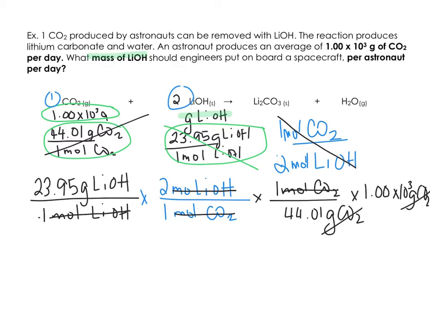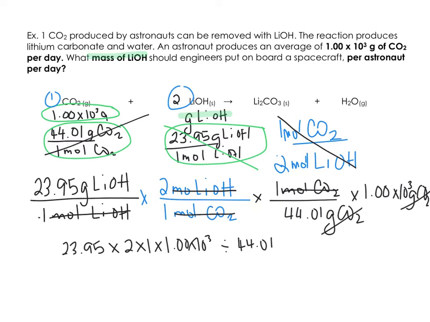If I was putting this in a calculator, it would be 23.95 times 2 times 1 times 1 times 10 to the 3, or 1,000, divided by 44.01.